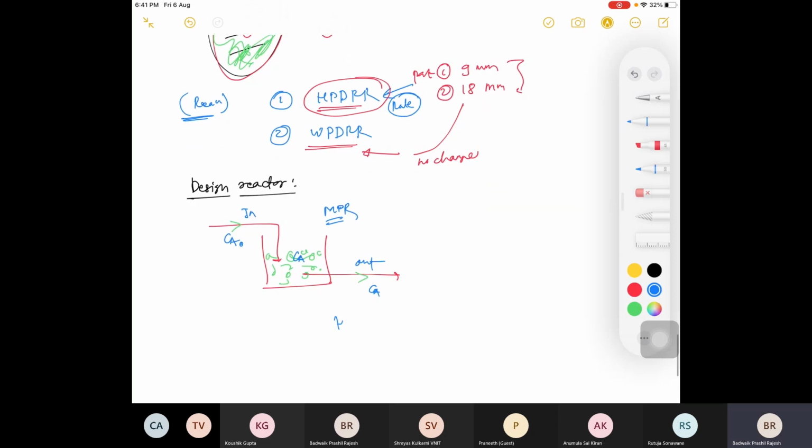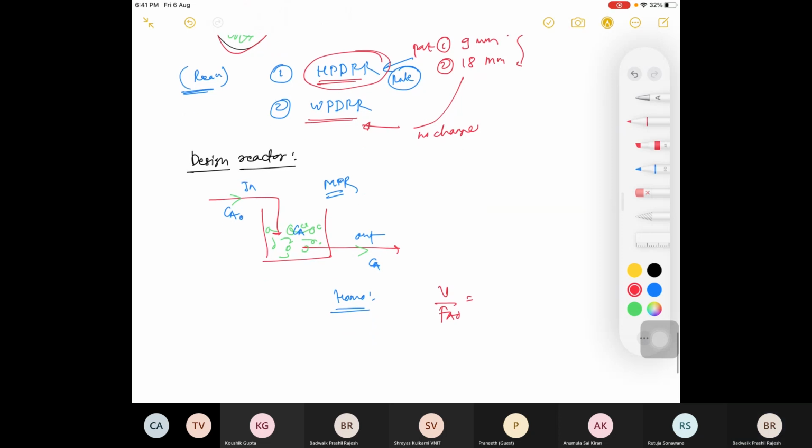So what did we study for homogeneous? Similar equations are here, right? What was the formula for homogeneous? V divided by Fa naught is equal to Xa divided by minus Ra at exit, right?